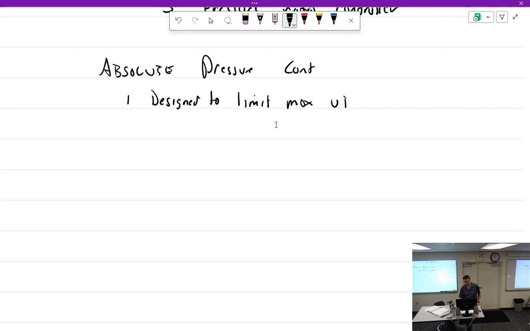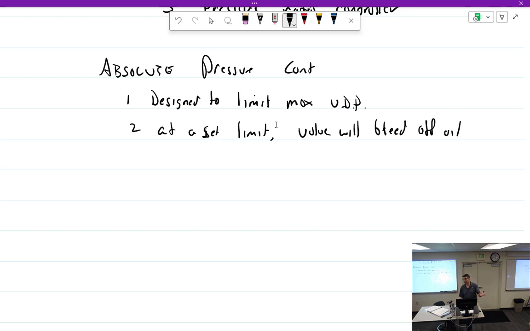Max upper deck pressure, UDP, upper deck pressure. So obviously at a set limit, the valve will bleed off oil, and that works the wastegate, opens the wastegate, slows down the turbo. That's it.